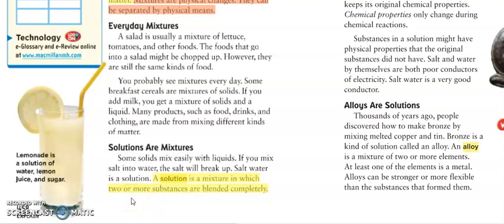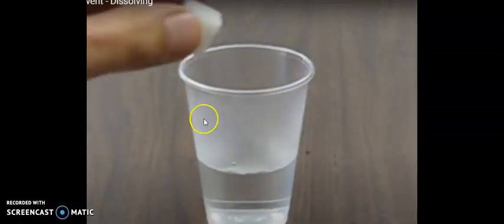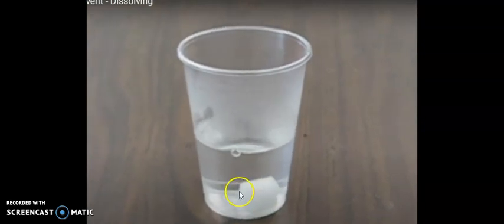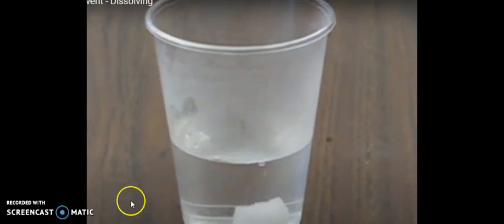Let's do another experiment: a sugar water solution. It is a very easy experiment, guys. We need only one cube of sugar and one cup of water, and we mix them together. We put the sugar inside the water and mix them together.